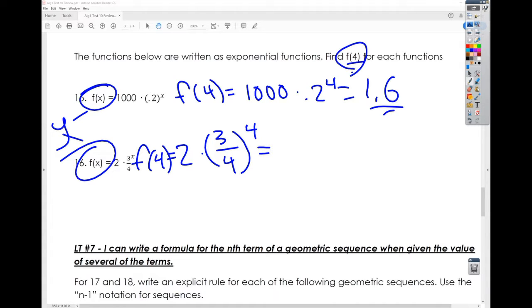So that's going to be 3/4 to the 4th power. So let's see here. 2 times 3 divided by 4, raised to the 4th power. I'm going to get about 0.633.